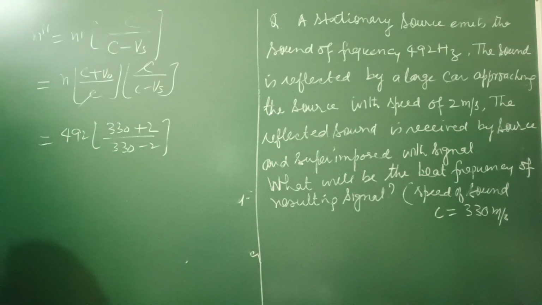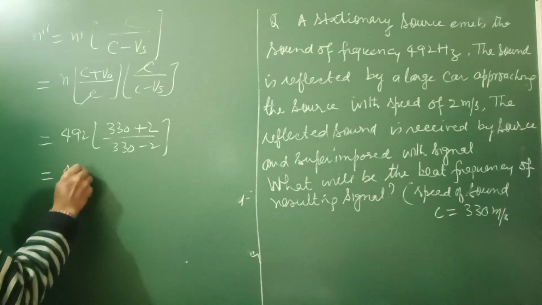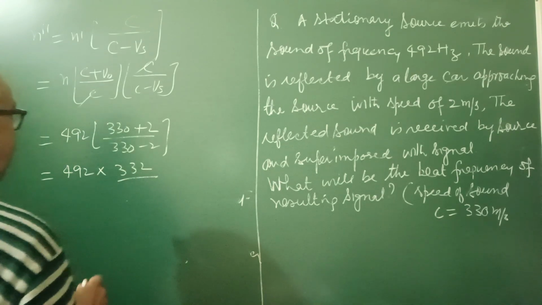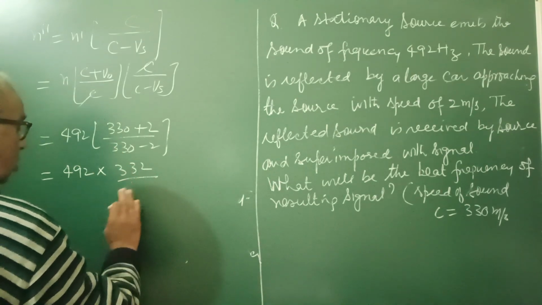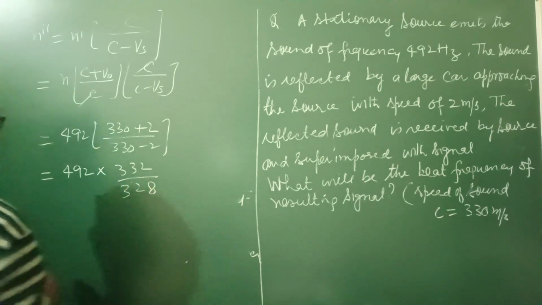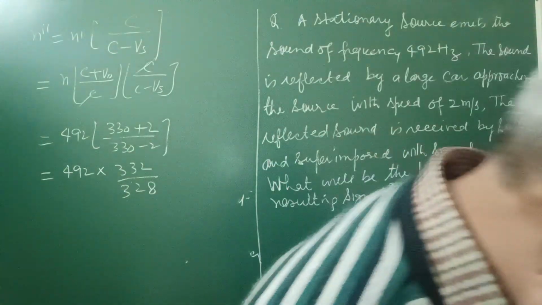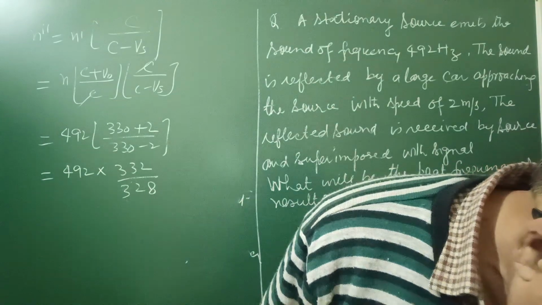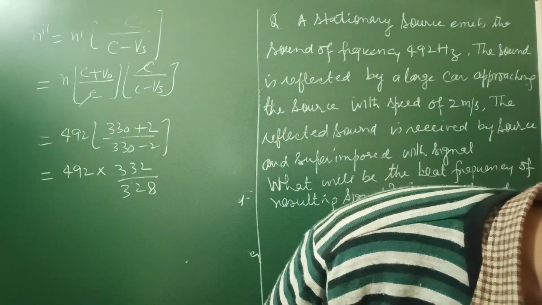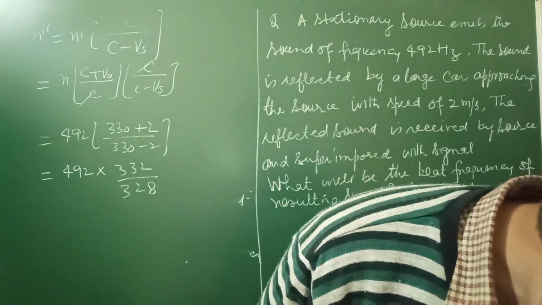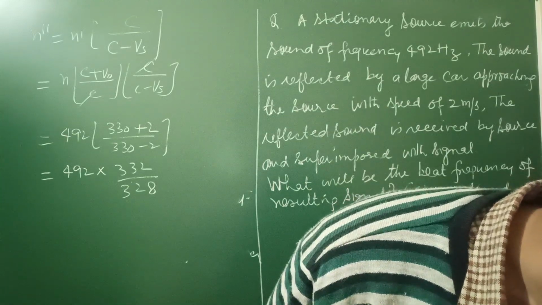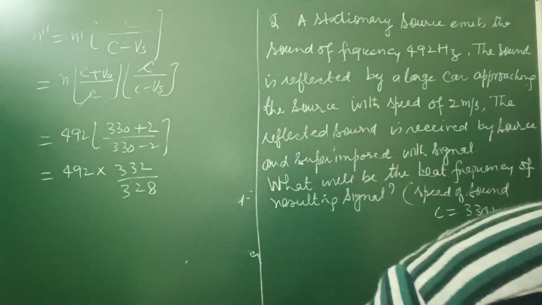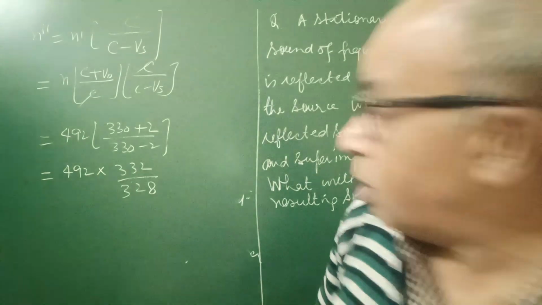If we solve it, 492 times 332 upon 328. If we divide this, this frequency will come out 498.